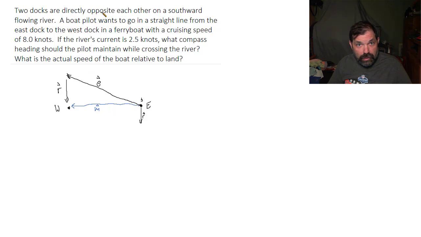Now, what I'm going to suggest is we build some axes here. So let's put the axes right there. There's our coordinate axis system.